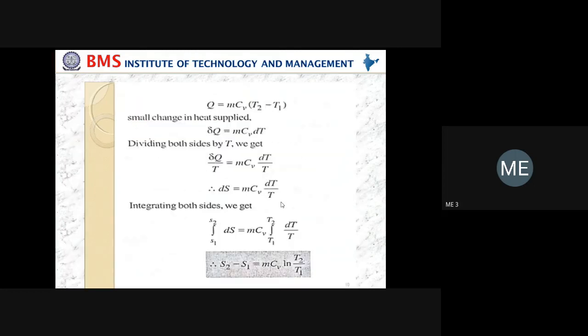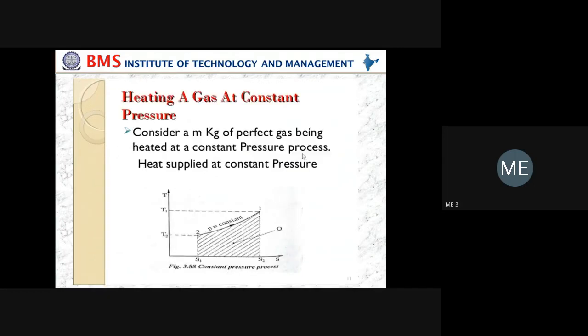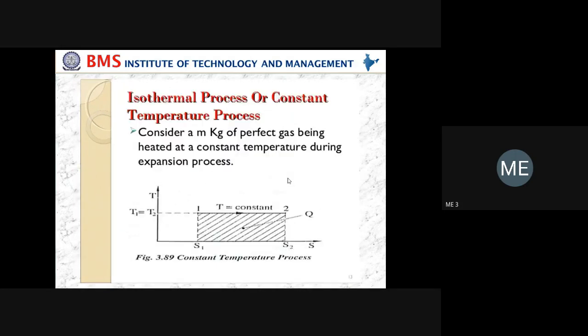The second one, the constant pressure process, has a curve similar to the constant volume process. The third process is the isothermal process, where temperature remains constant. We show a horizontal straight line for the isothermal process on the TS diagram.